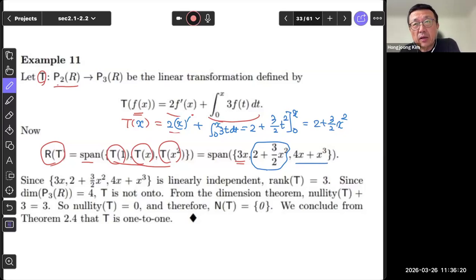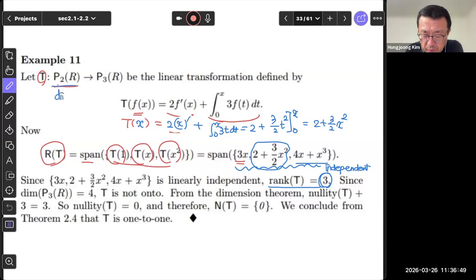Now, are they linearly independent? Yes. You can easily check that they are linearly independent. So the dimension of the range of T is 3. In other words, the rank is 3. Now, what was the dimension of the P2 space?